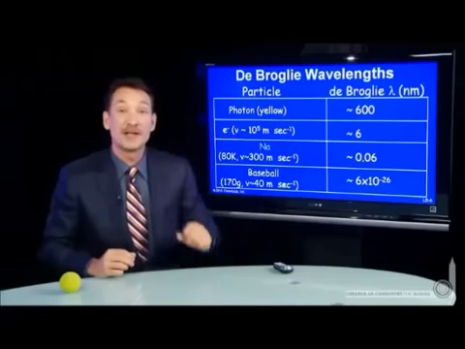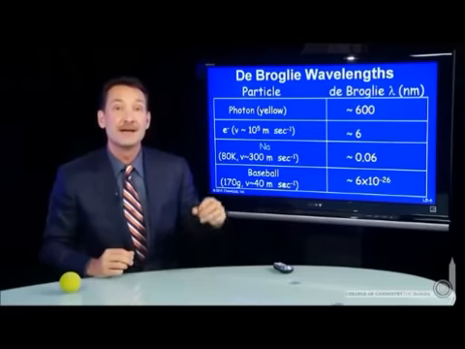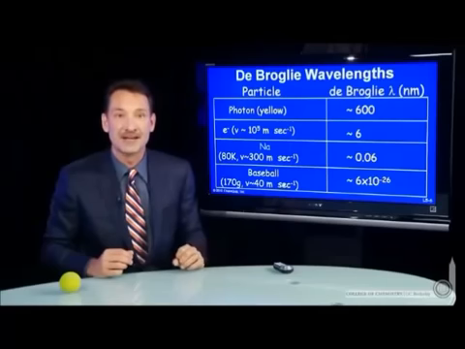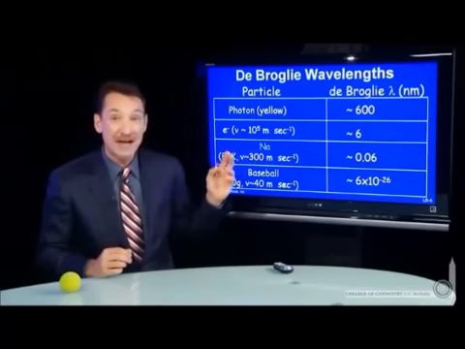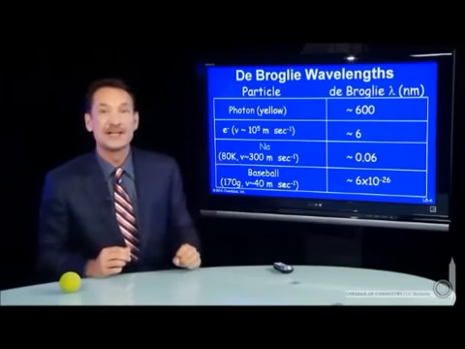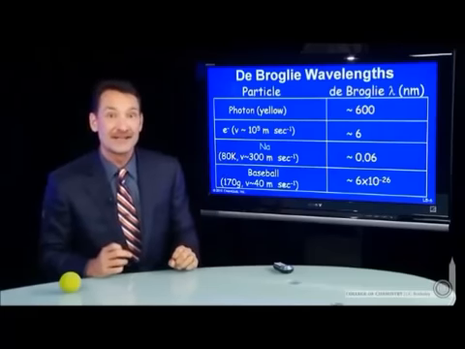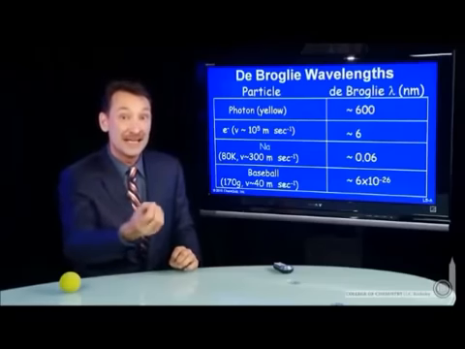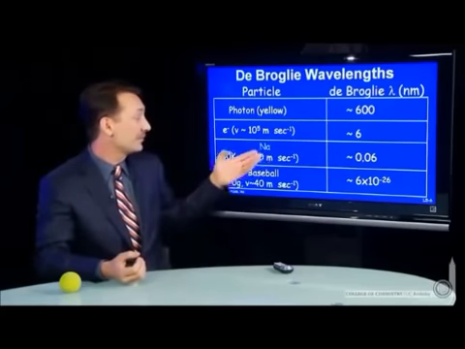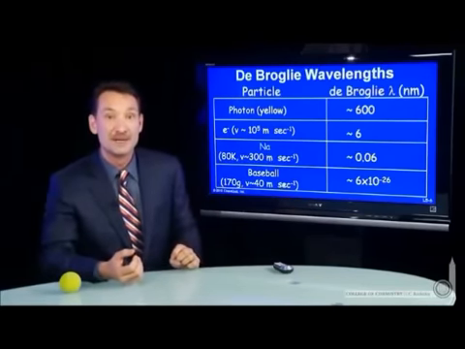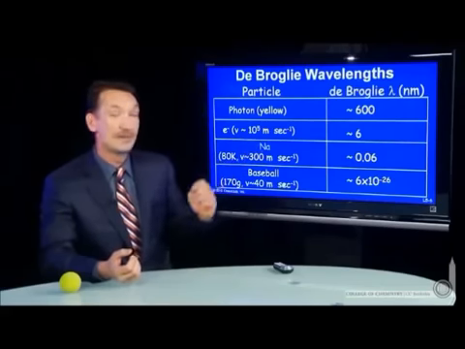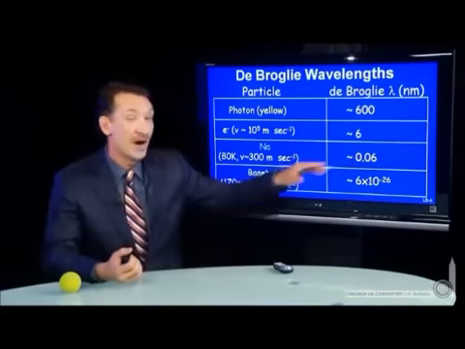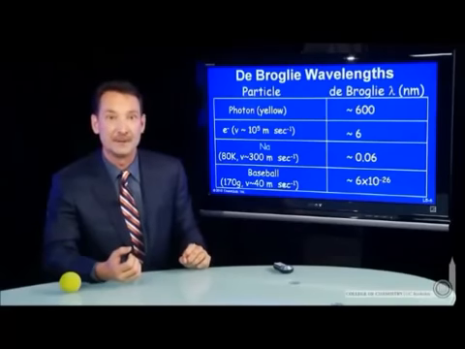You can use the de Broglie relationship to find a de Broglie wavelength of around 6 nanometers for that electron. A sodium atom at 80 Kelvin, that's a temperature, that determines the average speed in the system. The average speed of those particles is around 300 meters per second. We know they're sodium atoms, so we know their mass. They have a momentum. I can calculate a wavelength, a few hundredths of a nanometer.